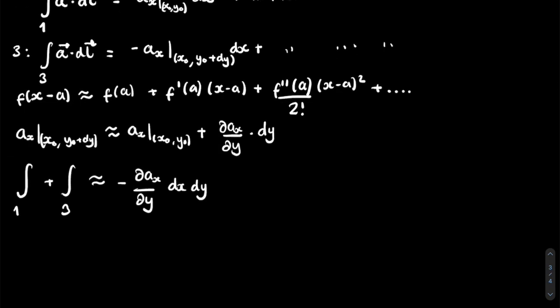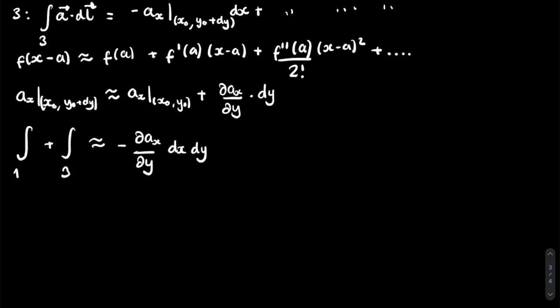Now, if we do exactly the same thing, but this time for paths 2 and 4, then we're going to get a pretty similar result. The only difference is that instead of a minus sign here, you're going to get a plus sign.